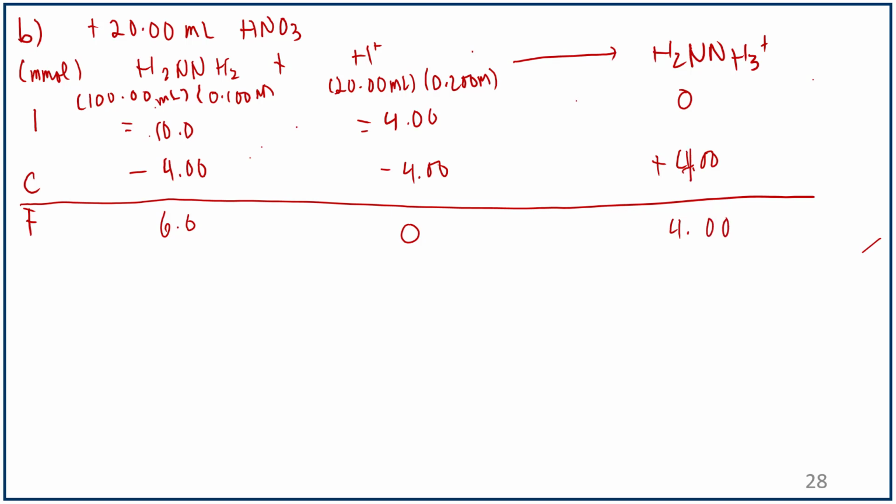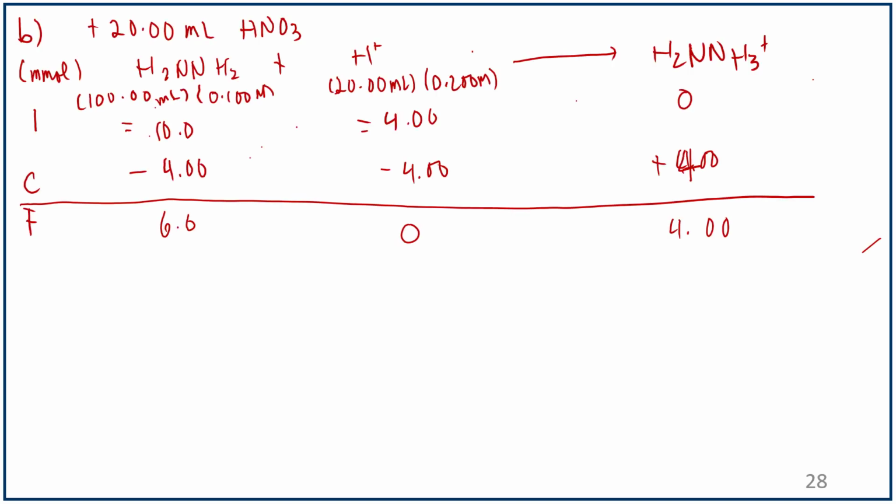Now that we have millimoles, and we also know the total volume of the solution, we can determine the molarities of hydrazonium and hydrazine, and then plug that into the Henderson-Hasselbalch equation. So that should just be pH is equal to negative log of the Ka for hydrazonium, but we're not given that value.